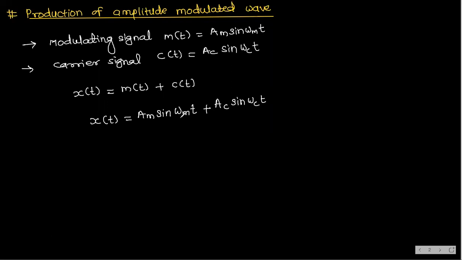Am is amplitude of this modulating signal, omega m is angular frequency, Ac similarly amplitude of carrier wave, omega c is angular frequency. C should be subscript, so always keep it below and small. It is not Am, it is A subscript m, omega subscript m, A subscript c, omega subscript c. Okay, like that. So you got this. This is one signal we can say.